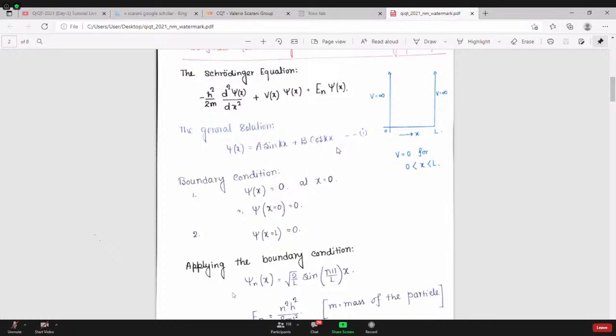Your pre-exponential part will be of a special form of function called the hypergeometric function. And then the exponential part will take care of your asymptotic behavior. So your wave function will change, but the idea remains the same.